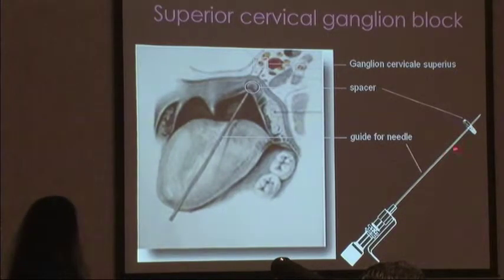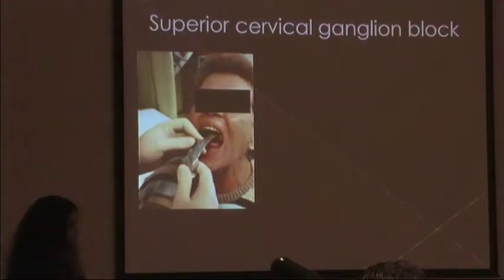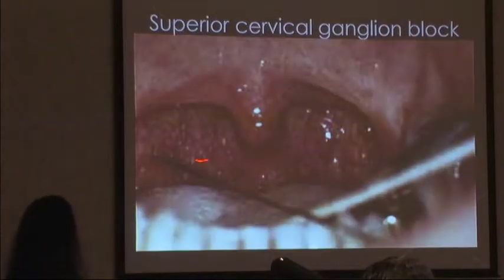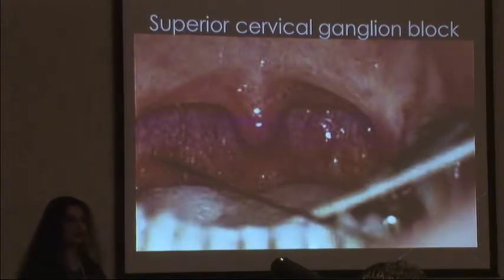And then you have the guide for the needle, which you insert back here. Now, you have your patient sit, do local anesthesia of the mouth, and poke the needle right back into the pharynx. It sounds very weird, but we use very, very tiny needles. So it's just like having a dental procedure. So it doesn't really hurt.